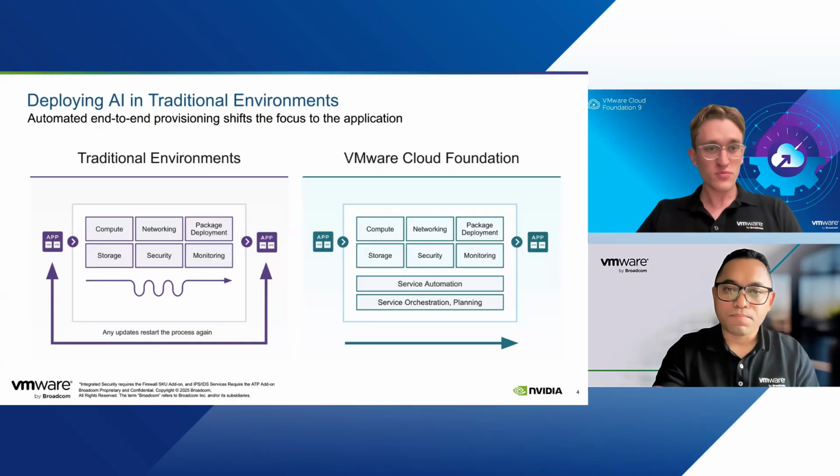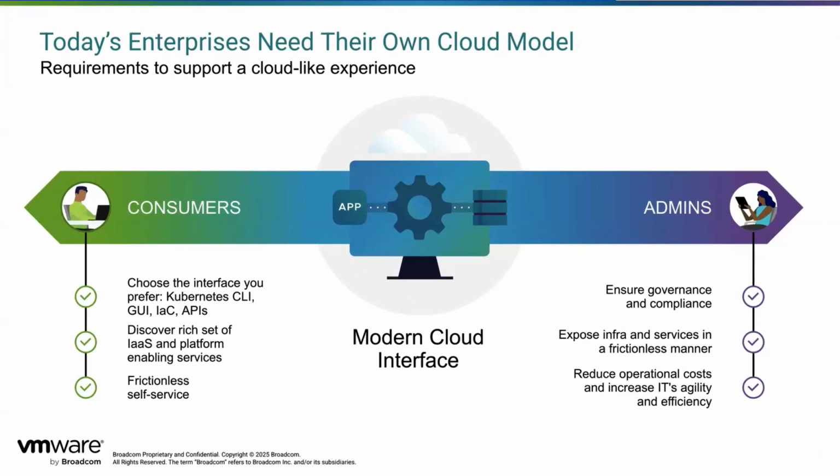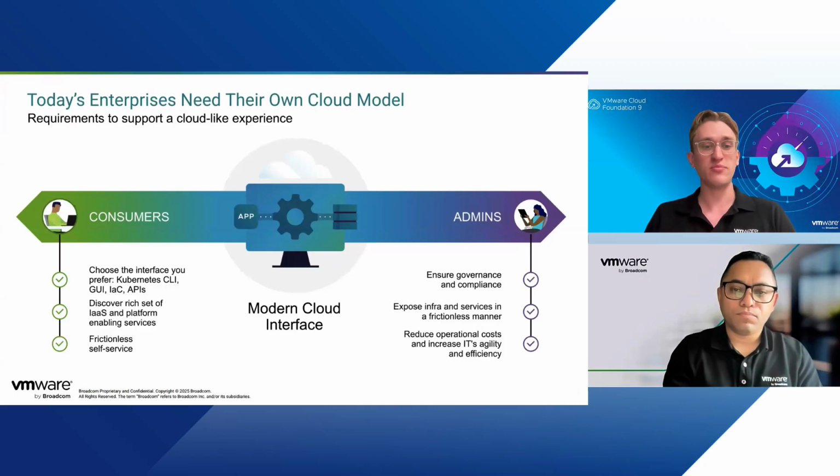Right, yep. So to do that, what we're really concerned about here is how to upgrade our previous environments from an operating model that we've had in the past to one that is a cloud-like operating model, where we separate out these 2 distinct parts of the business. One is the admin, which are really focused on delivering services in a frictionless manner, making sure that we're meeting our governance and compliance needs, setting the right guardrails for security and more, and how the infrastructure can be consumed.